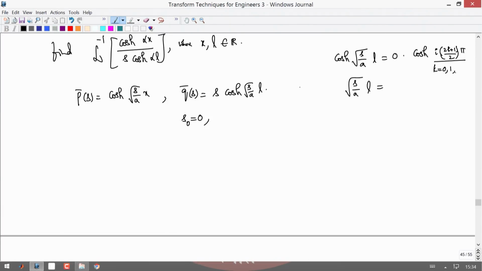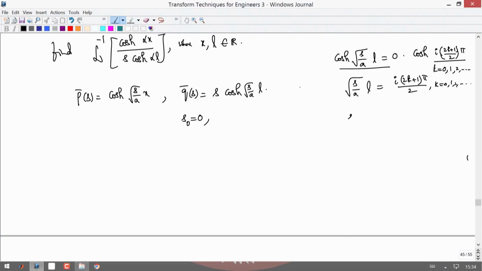For k equal to 1 it is 3 pi by 2, then 5 pi by 2 and so on. So root s by a times l equals 2k plus 1 pi by 2, with k from 0, 1, 2 and so on.